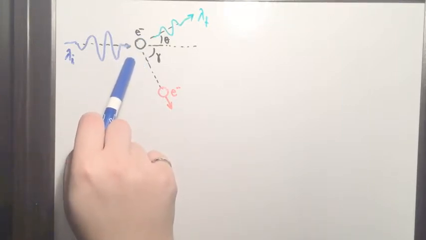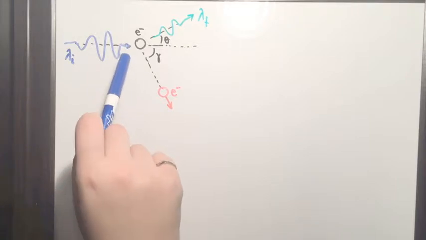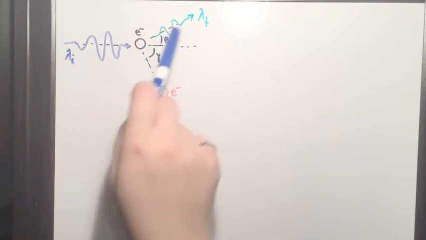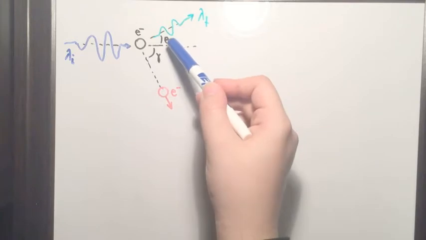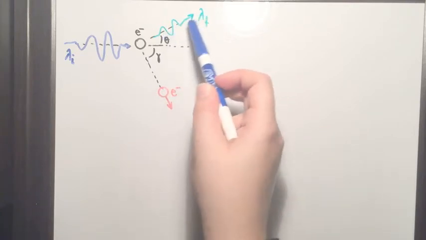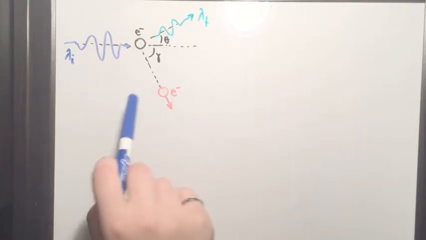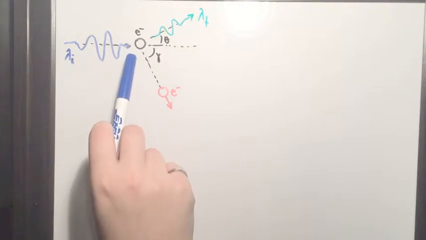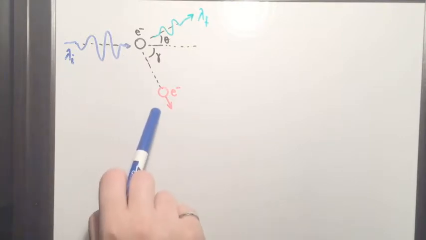When the two collide, the X-ray is deflected off its path of travel by some angle theta, and is now shown in green. The electron is also ejected from its orbital and deflected, and is now shown in red.